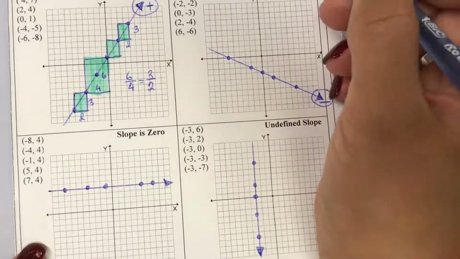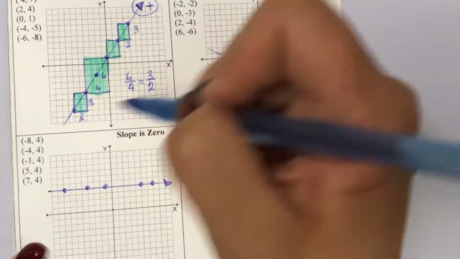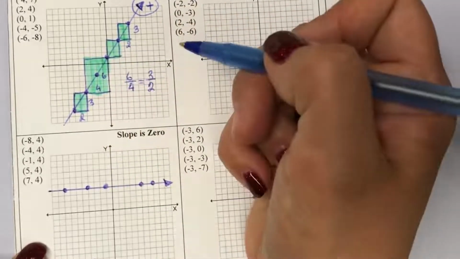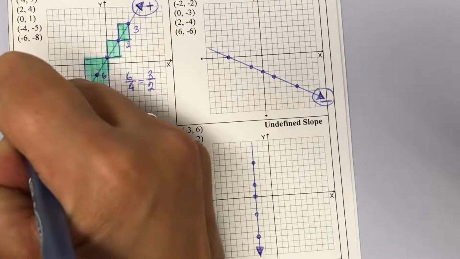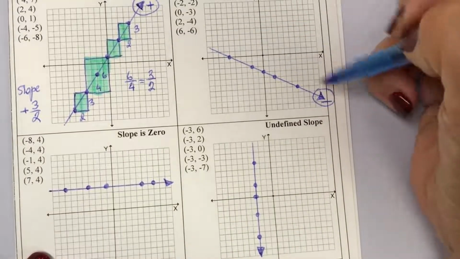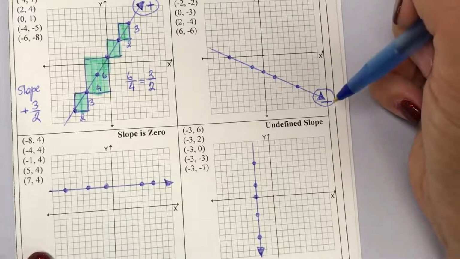So if I was to identify this slope, putting together the direction plus the ratio of vertical to horizontal change, that slope will be positive 3 by 2, or 3 to 2. In the next example, I have a downward direction. Downward direction meaning to the right.